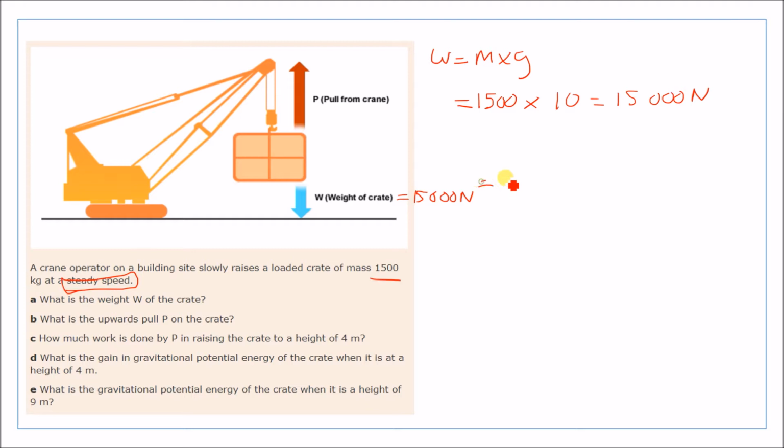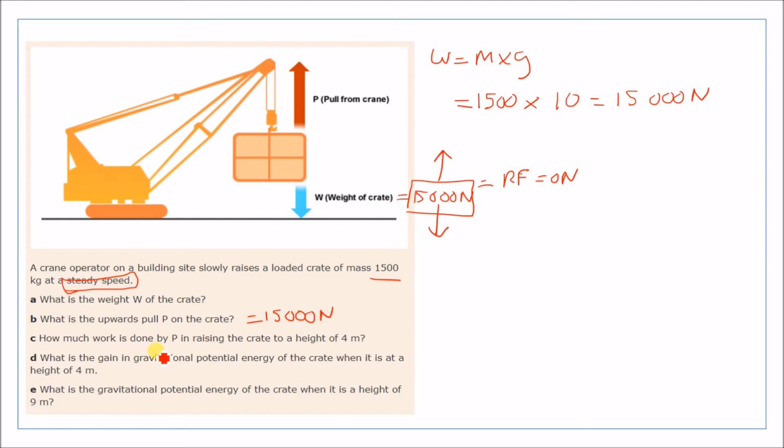There is zero resultant force. The resultant force is equal to 0 newtons. So that means that if the force pushing down is 15,000, the force pushing up must be 15,000. So what is the upward pull? That must be 15,000 as well, because the forces are balanced.